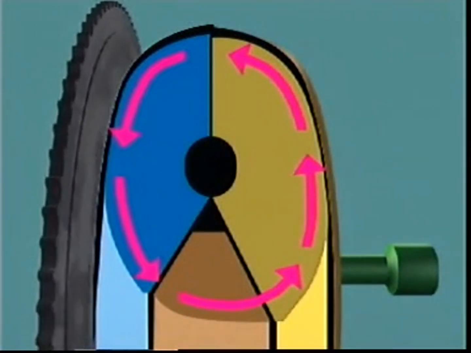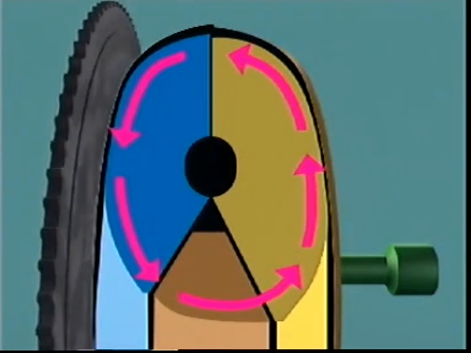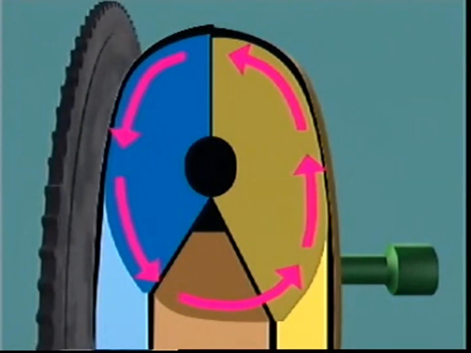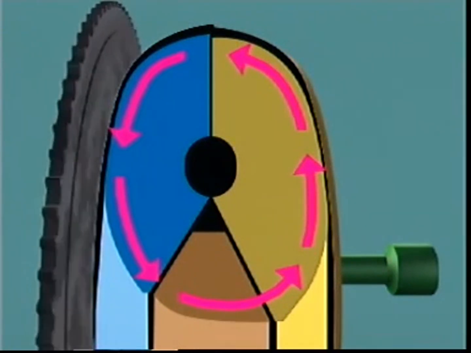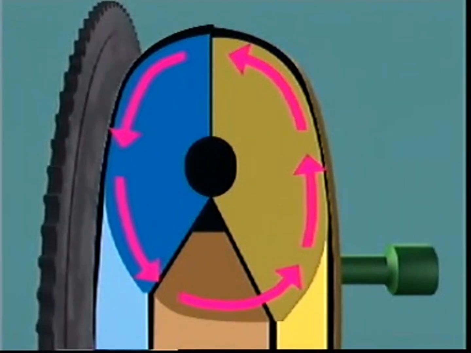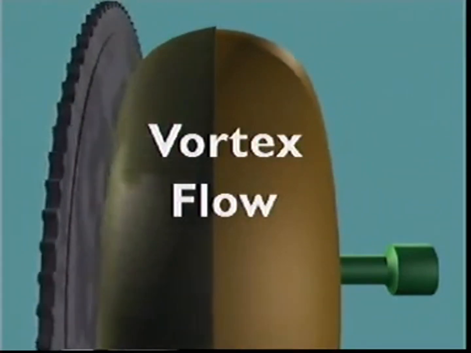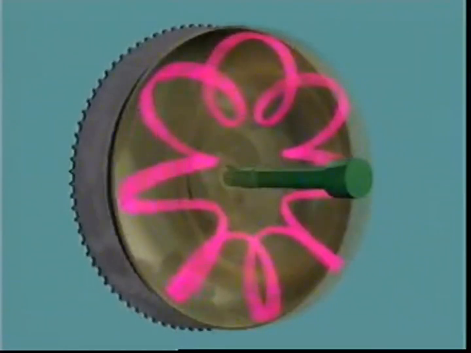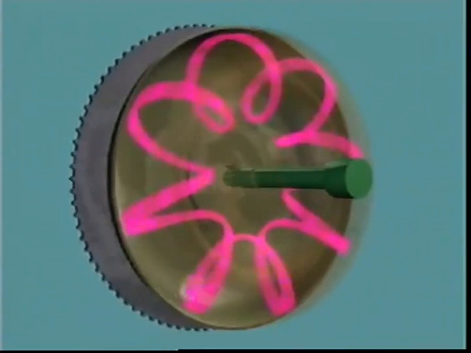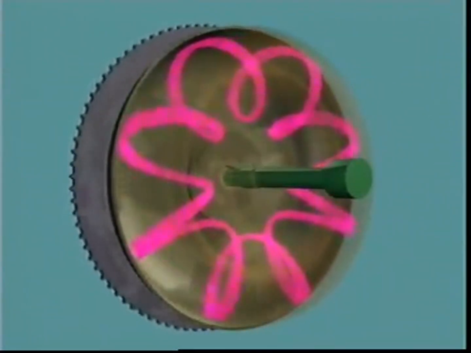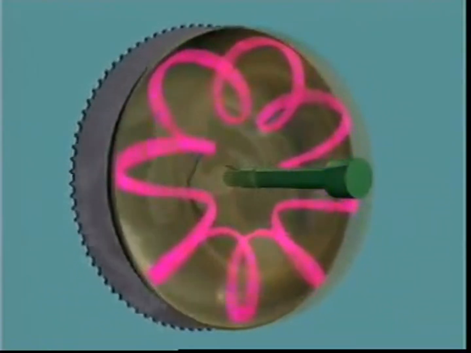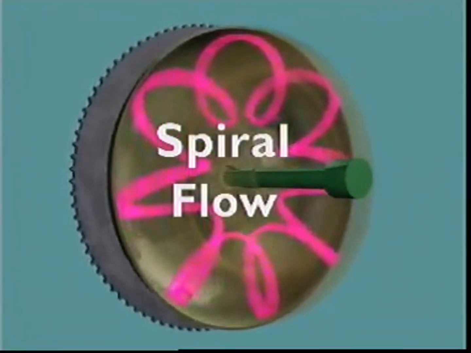During torque multiplication, the shape of the converter case makes the fluid flow in a circular motion through the impeller, turbine, and stator. This is known as the vortex flow. Combining these two fluid flows produces a progressive circular or spiraling motion. This is known as the spiral flow.